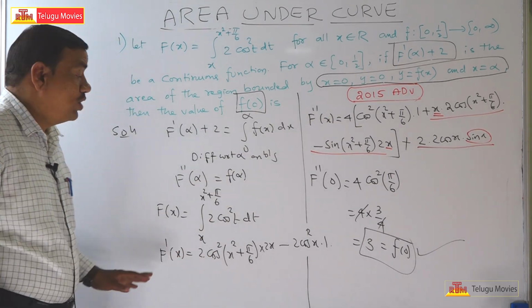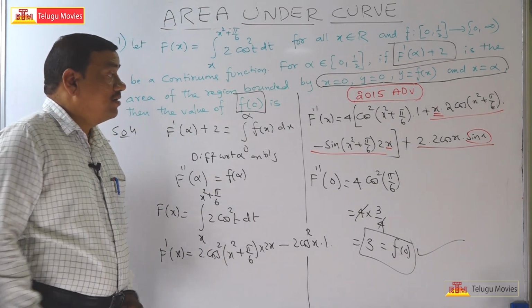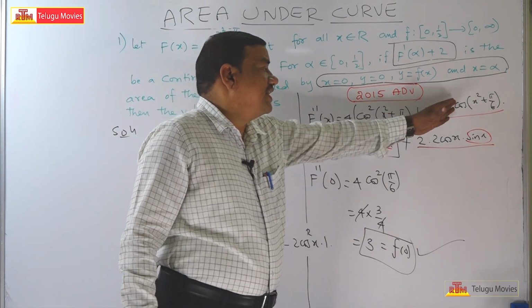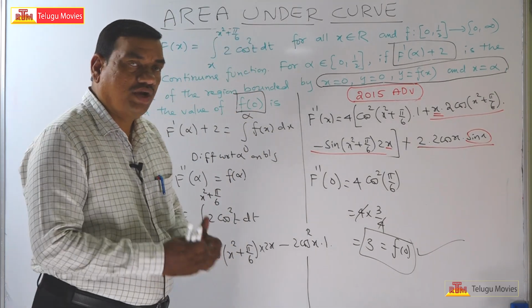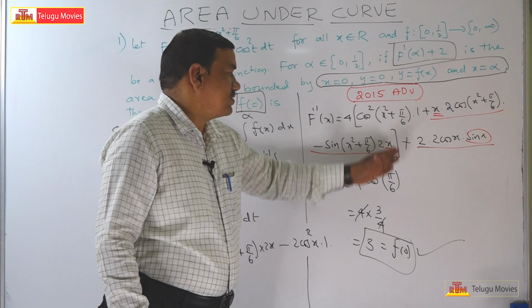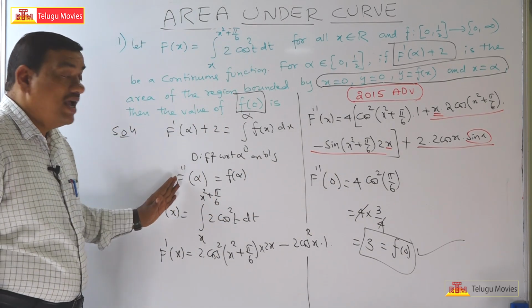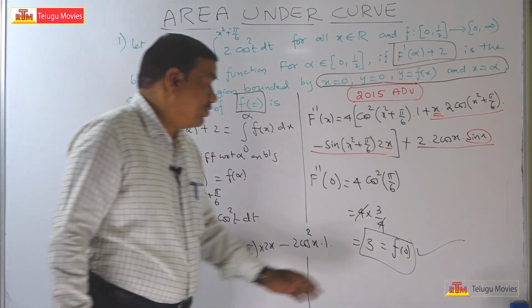Only using the Leibniz formula we did it, and luckily when you substitute x is equal to 0, the second term and the third term simply vanish. So remaining 4 cos square pi by 6, and capital F double dash of 0 is nothing but small f of 0, that is nothing but 3.